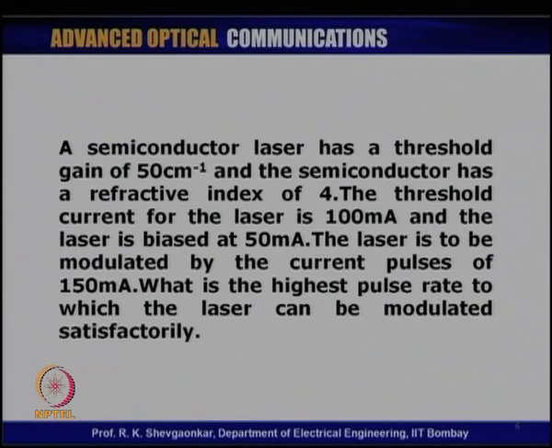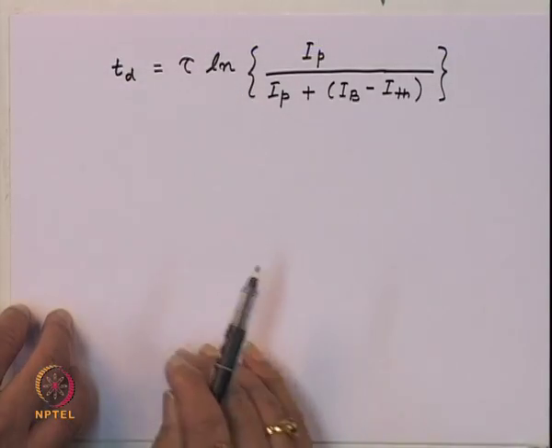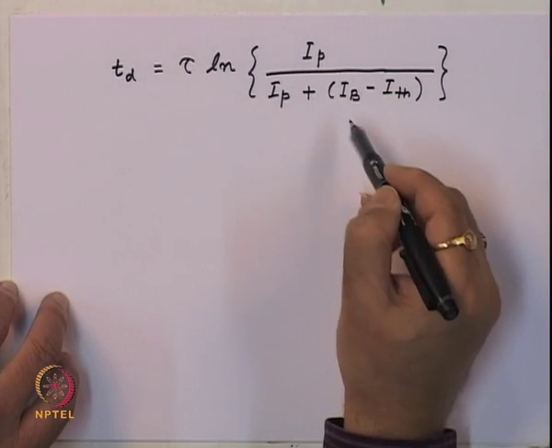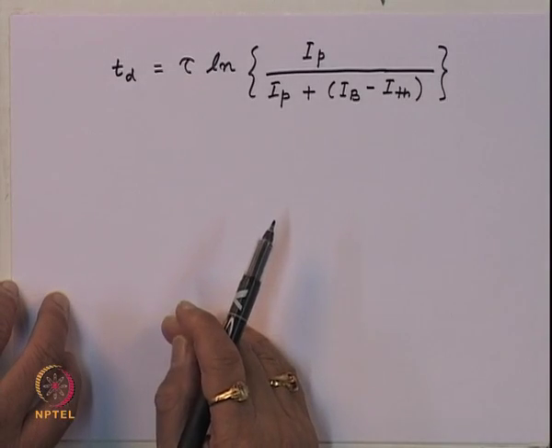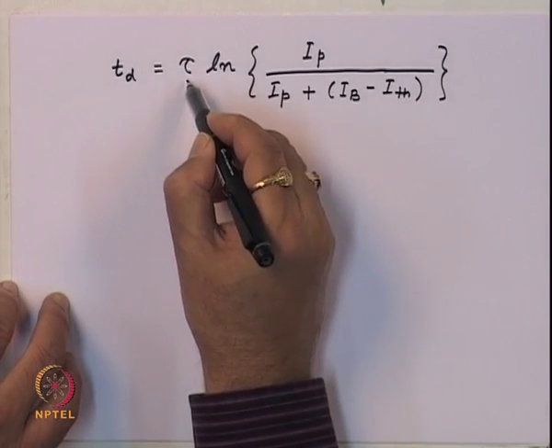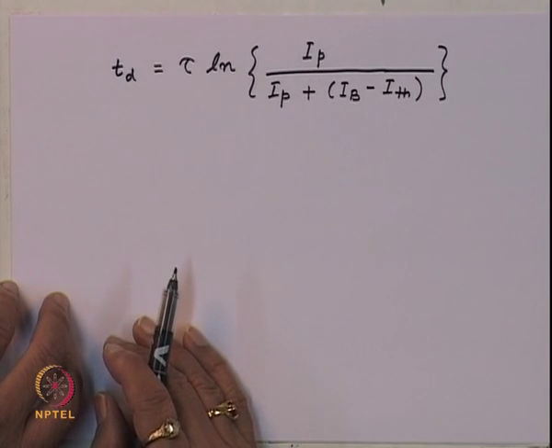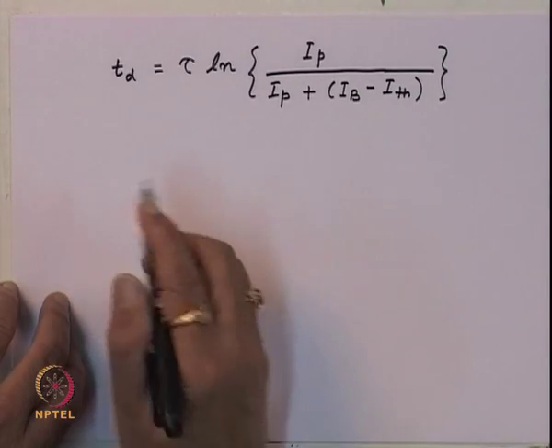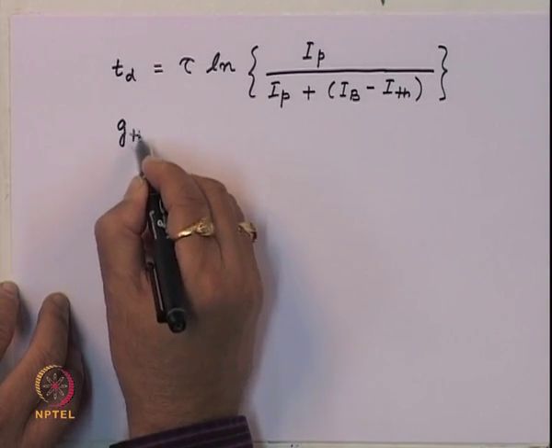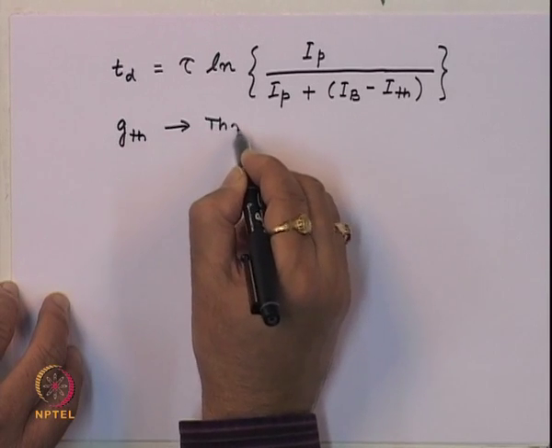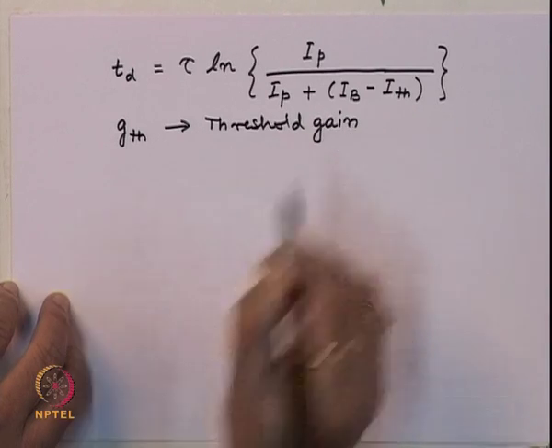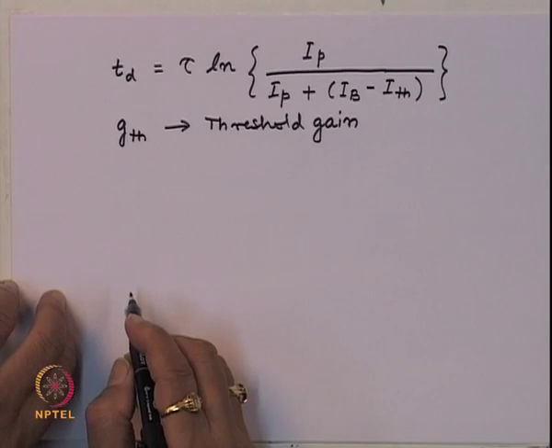As we have seen in the earlier problem, the speed can be calculated if I know this time, which is T d. All these parameters are given: I p, I b and I threshold. Only tau is a quantity which is not given directly in this problem. What is given, however, is the threshold gain, G threshold.